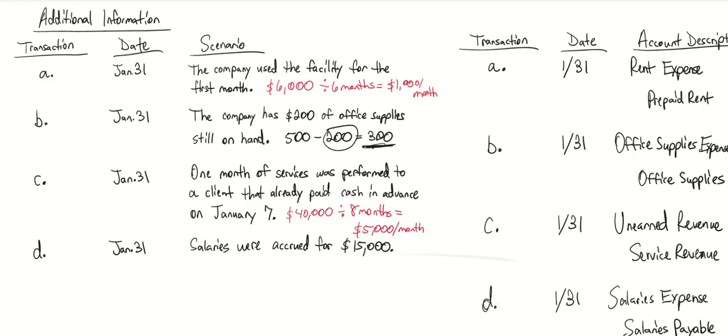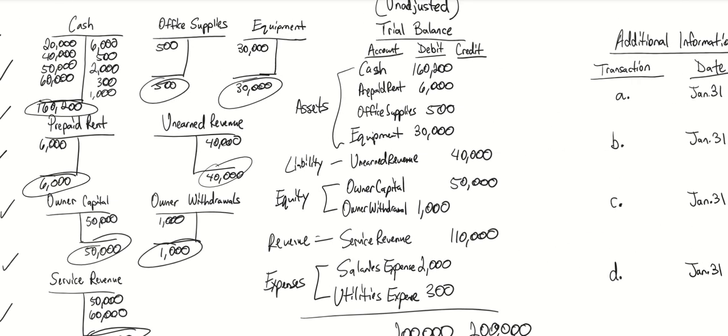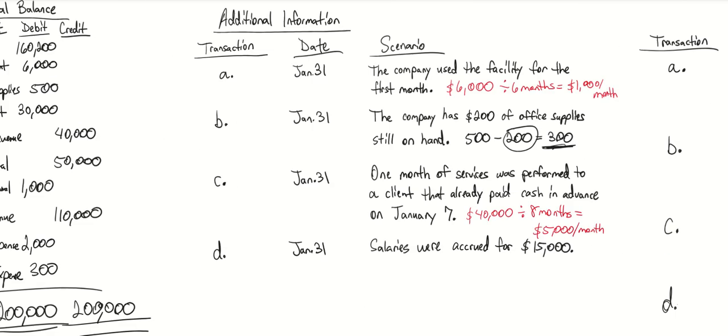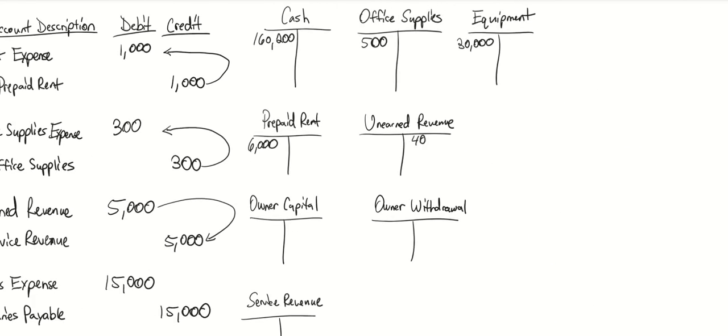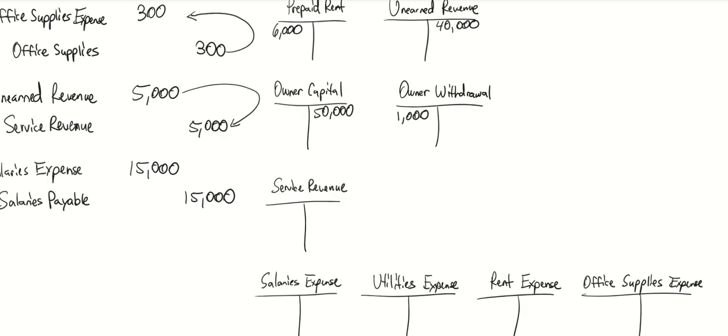Unearned revenue, we have a credit balance of $40,000. Okay, owner capital is a credit balance of $50,000. I remembered, so I don't have to scroll back over. Owner withdrawals had a debit balance of $1,000. Okay, service revenue, I believe it's $110,000 as a credit balance.